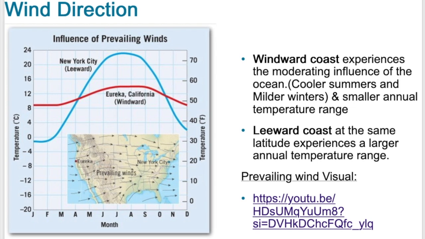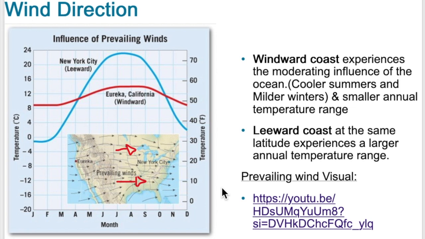Also, the fourth temperature control we have is the geographic position and prevailing wind direction. If we take a look at this map, we could see the arrows showing us the wind direction, and wind is labeled based on where it's coming from. So the wind is coming from the west, and this is a prevailing wind.